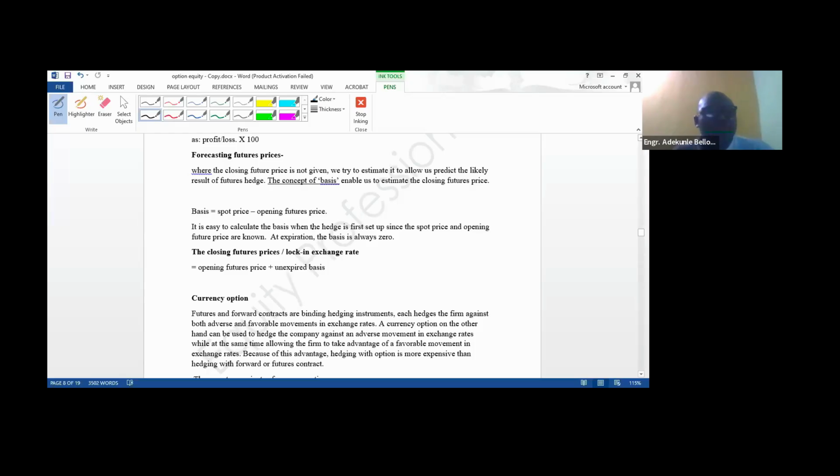Then the last step, calculate closing futures price. Calculate your closing futures price as opening futures price plus unexpired basis.